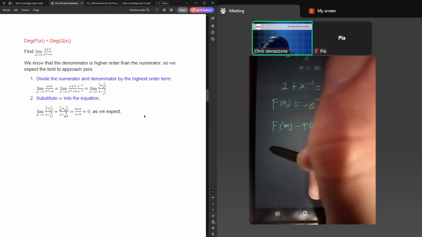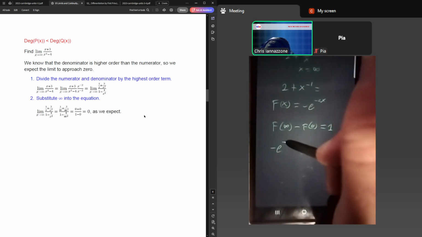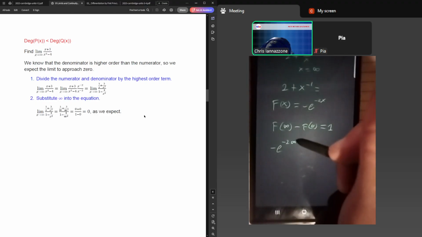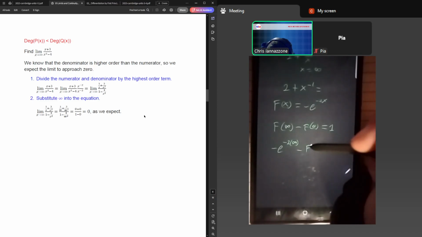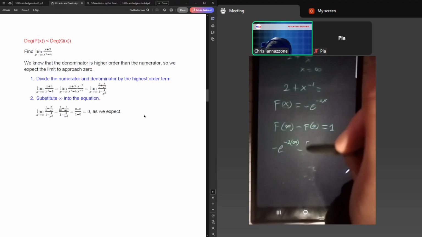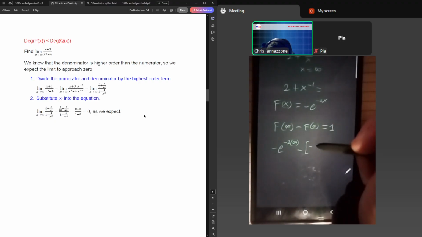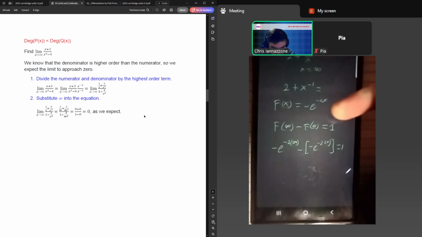So now that we go through it all, negative e to the negative 2 infinity minus, bracket, negative e to the negative 2 times 0, bracket. That's going to equal 1.